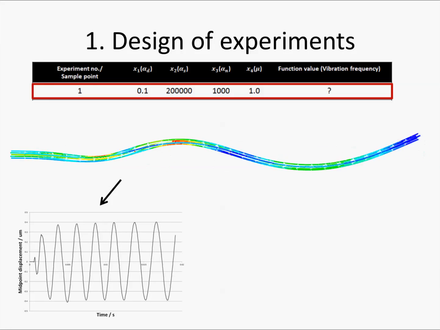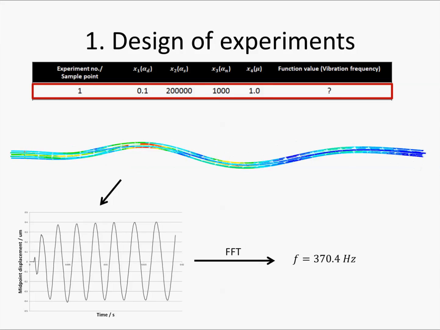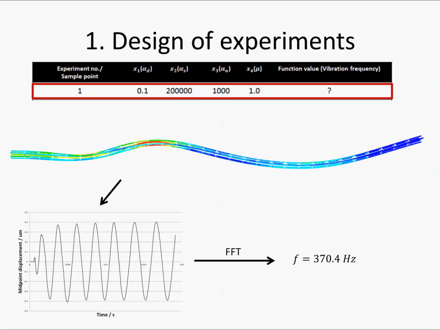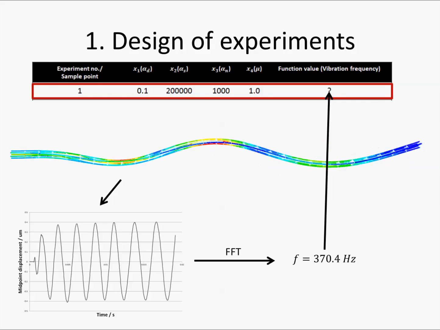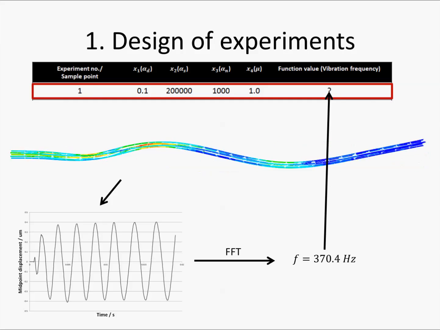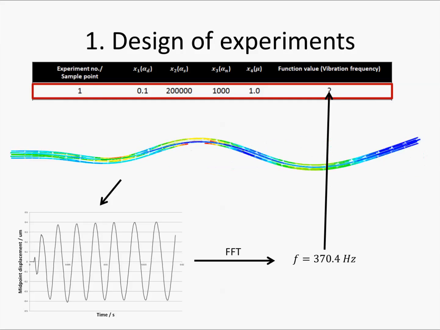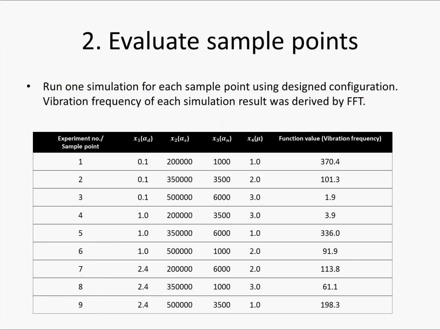From this plot, using FFT, I can find the vibration frequency of the model. For this model, the vibration frequency is about 370. That's the function value for the first sample point. I did the same thing for all the other points. Here is a table summarizing the function values for all the sample points.